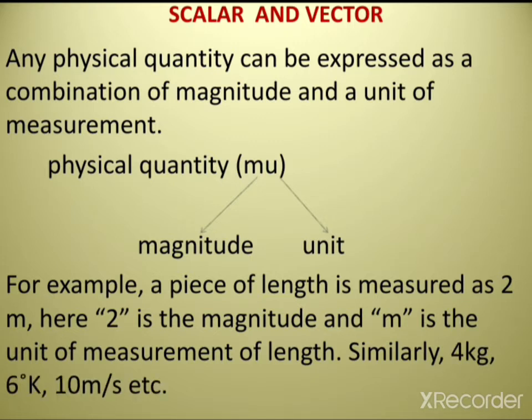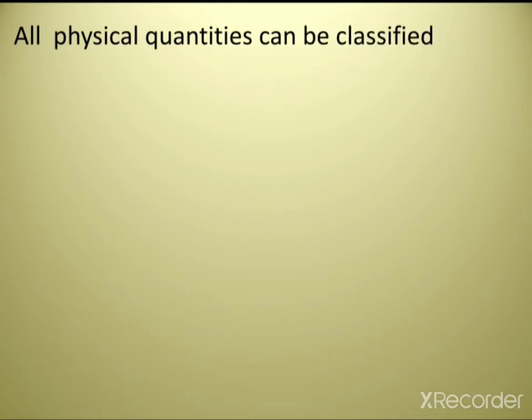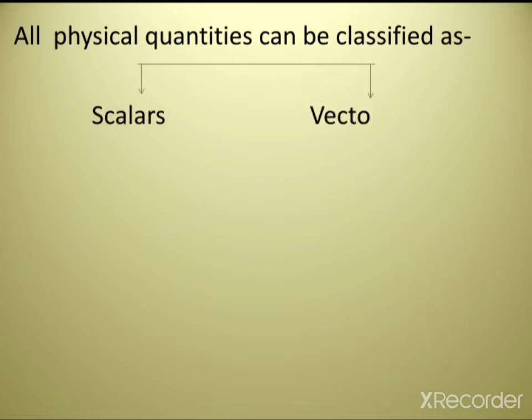Now all these physical quantities can be classified into two classes. One is scalar quantity and another is vector quantity. Scalar quantities are always associated with the magnitude along with the proper unit of measurement, and vector quantities are associated with magnitude along with the direction also.